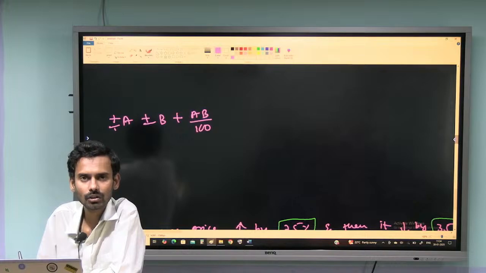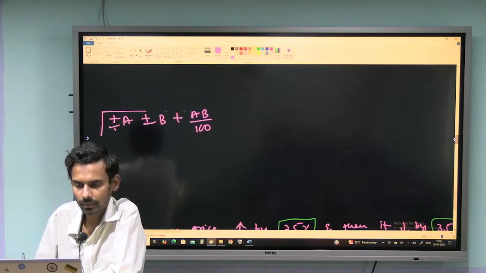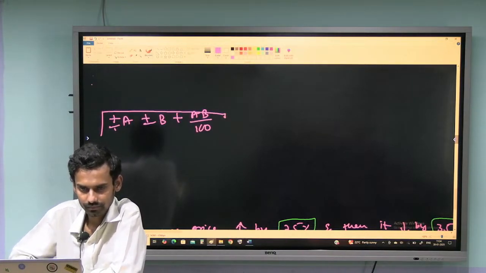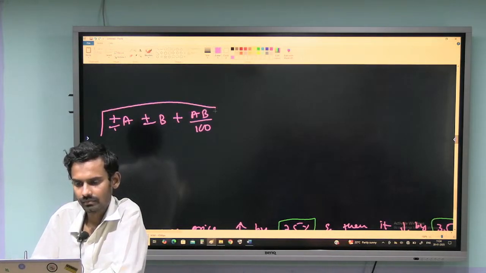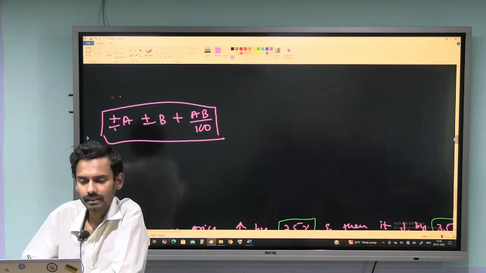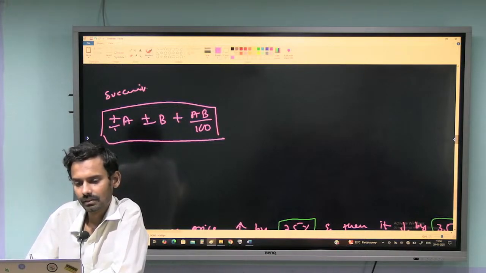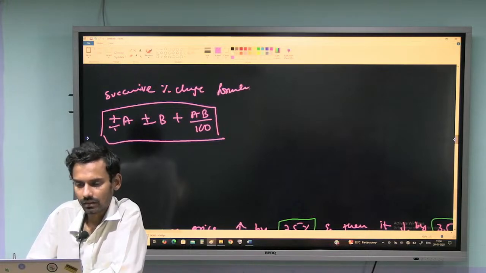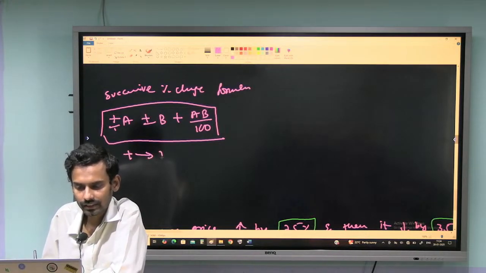This formula is called the successive percentage change formula, wherein plus refers to increase and minus refers to decrease.